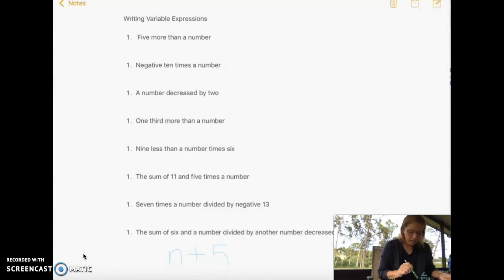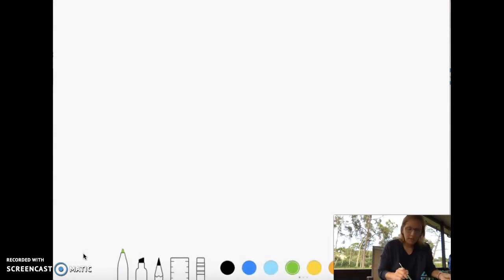Nine less than a number times 6. 9 less, again, it's going at the end, than a number times 6. Remember, anytime I'm multiplying, I can just write those two numbers next to each other like that. That's 9 less than a number times 6.